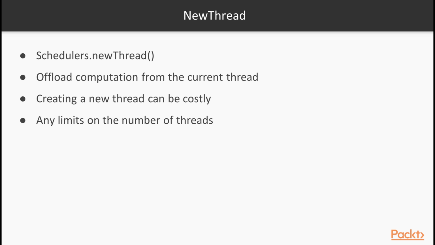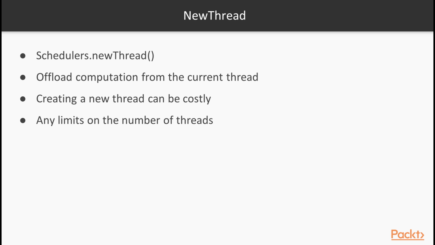Next scheduler is newThread. NewThread is a scheduler that's created by calling schedulers.newThread method. Basically, newThread can be used anywhere whenever there is a need to offload computation from the current main thread. However, creating a new thread for each observable can be costly in the long run, as thread creation is a relatively heavyweight operation, and there are other schedulers that might be better suited for computation offloading.